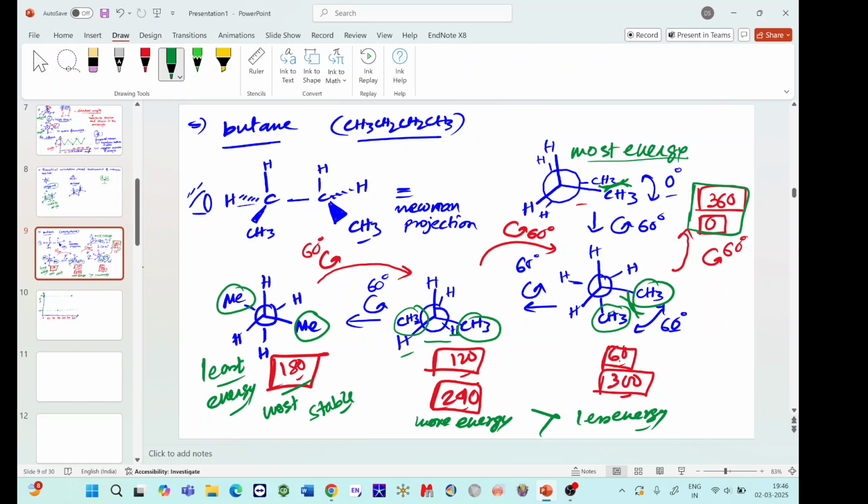So now you have different types of staggered. This is called full staggered when your methyl are in the complete anti. This one can be called as gauche staggered.